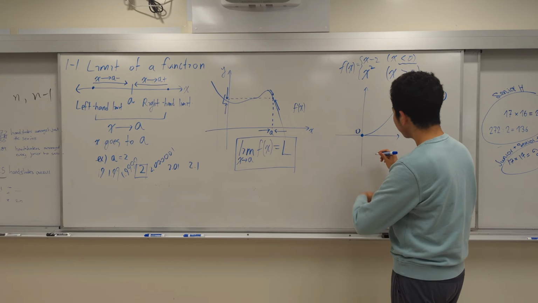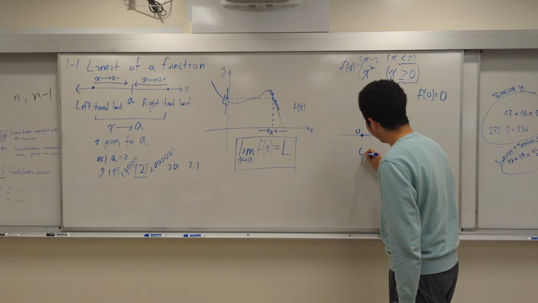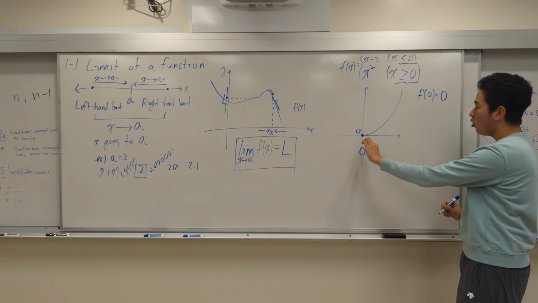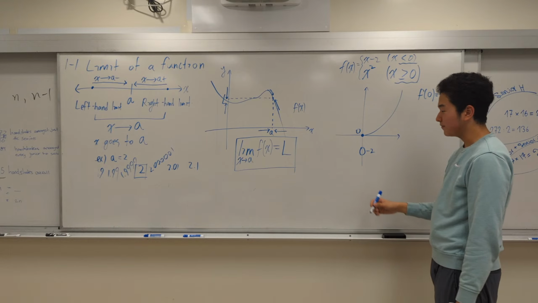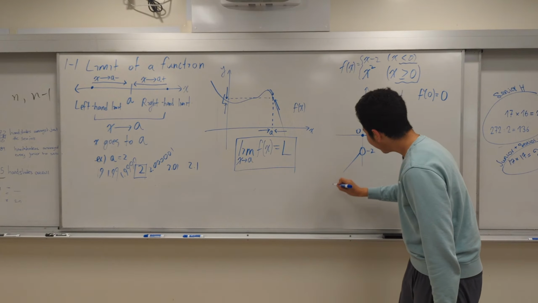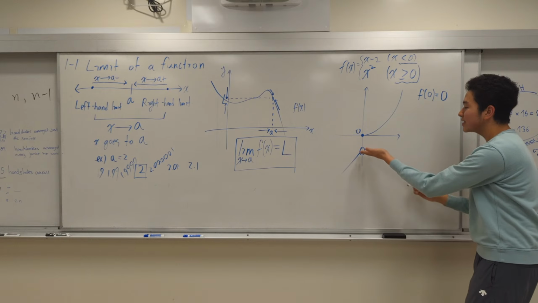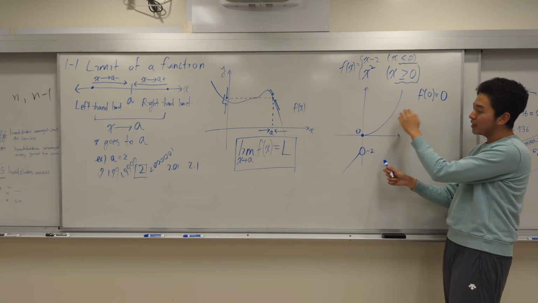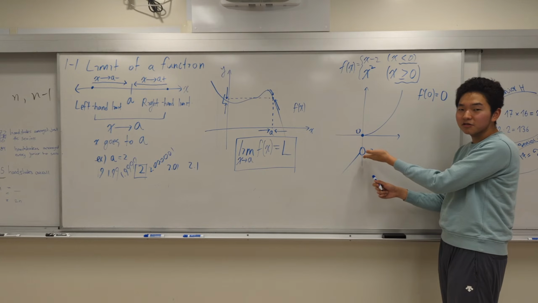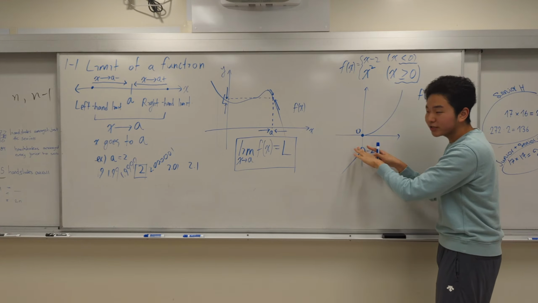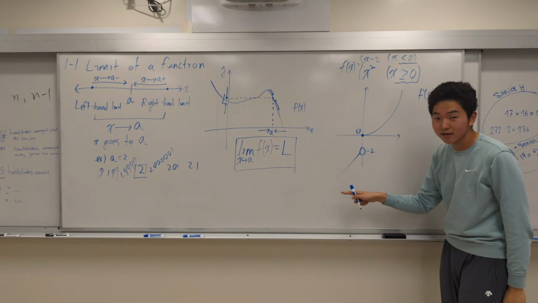If this is the origin and I have -2 here, I'm going to draw an open circle indicating that the function isn't actually defined here. f of 0 equals 0, so there's nothing at -2. But for anything slightly less than 0, it immediately jumps over to this line, right?